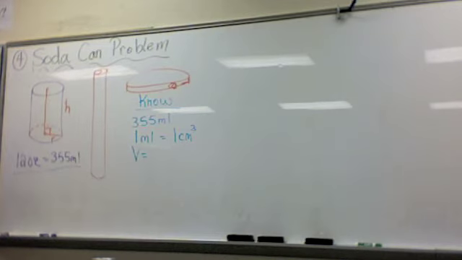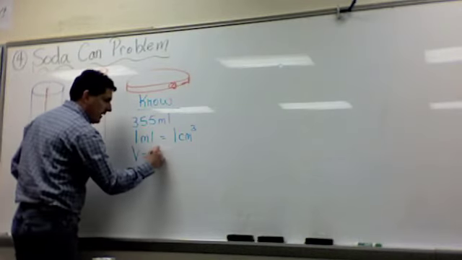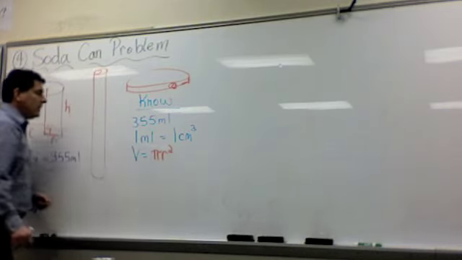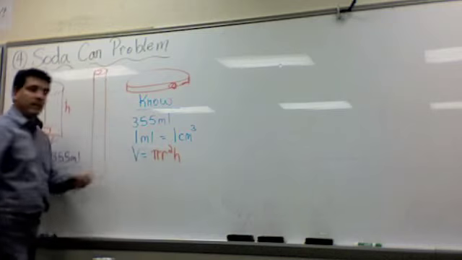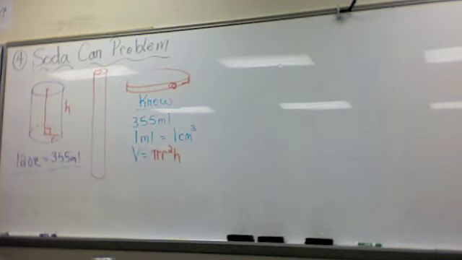What's the area of the base? Just pi r squared. You will have to know that on the AP test, the area of a circle. So pi r squared h is the volume of the cylinder.